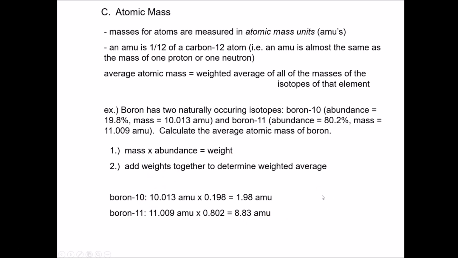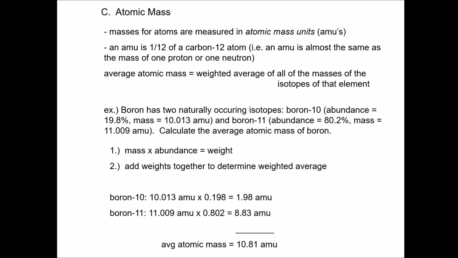For boron 11, we have a mass of 11.009 AMUs, and we multiply by 80.2%, which means we're actually multiplying by the decimal 0.802. So we get the 2 weights, and we add those 2 weights together. When we do that, we get 10.81 AMUs.